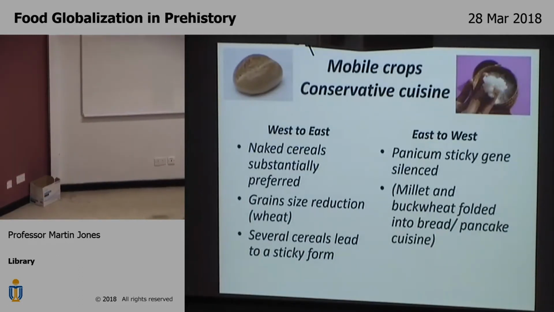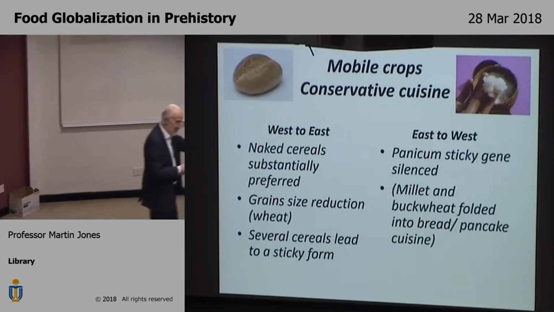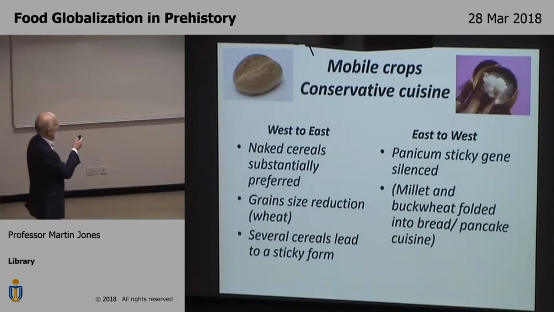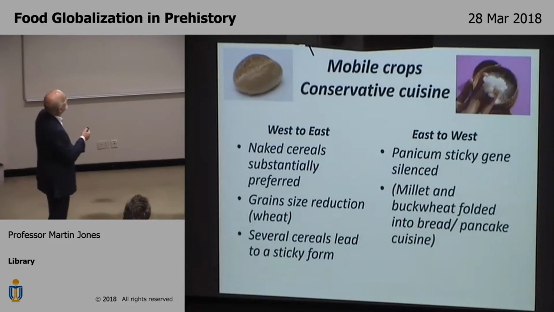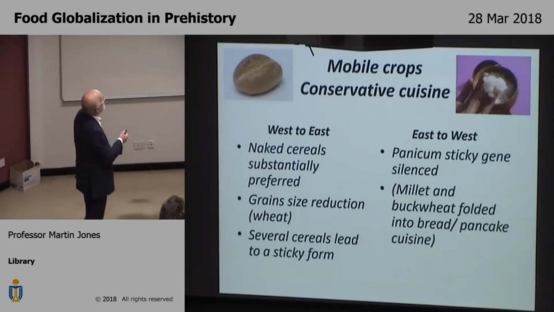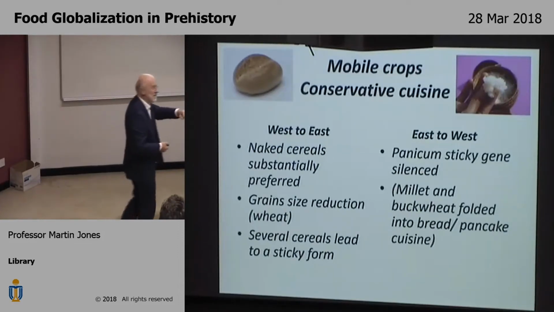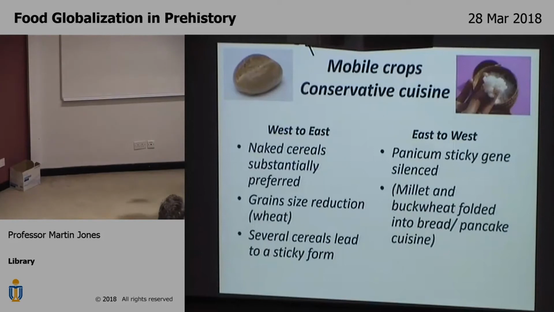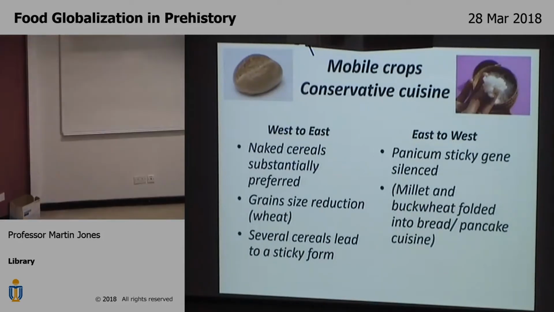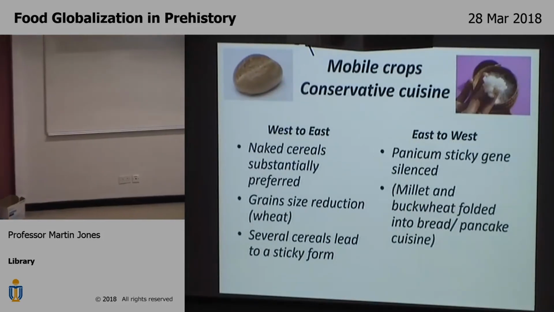So there are actually sticky forms of most cereals, including sticky rye, sticky barley. With the movement east to west, you have the sticky genes silenced, and then you have these eastern crops folded into a new cuisine that involves grinding them up, mixing them with water, and doing the Western thing. So, mobile crops, conservative cuisine.